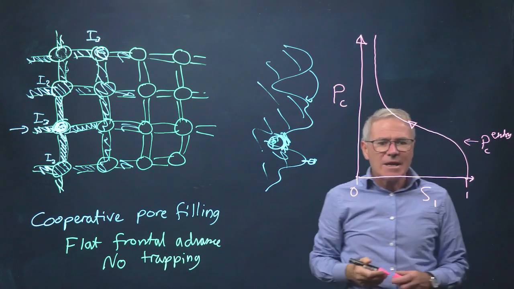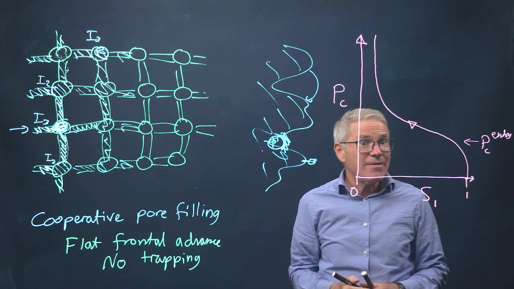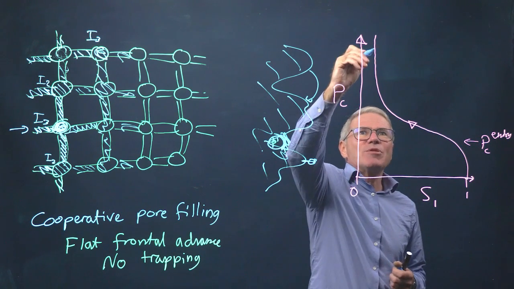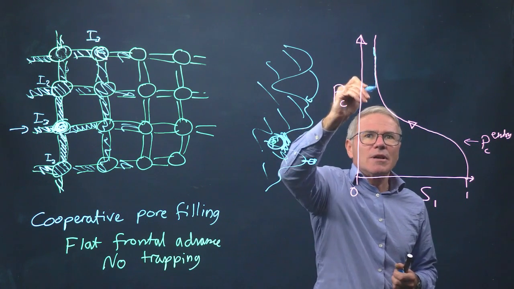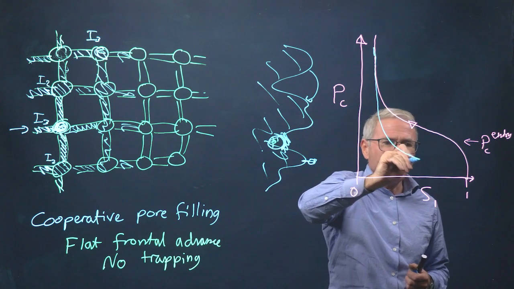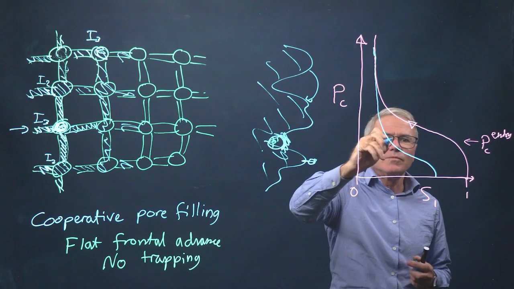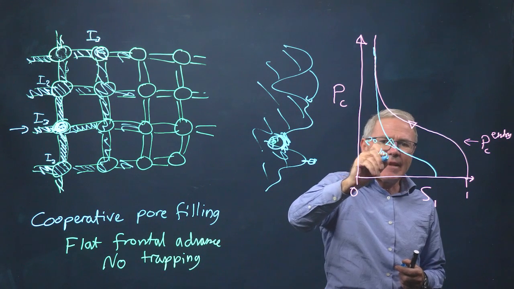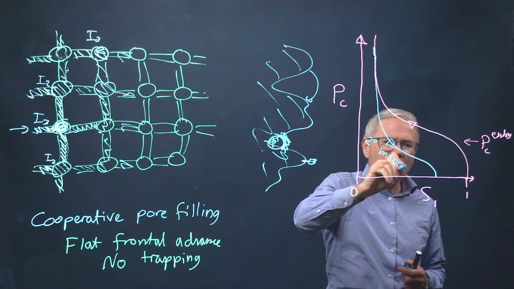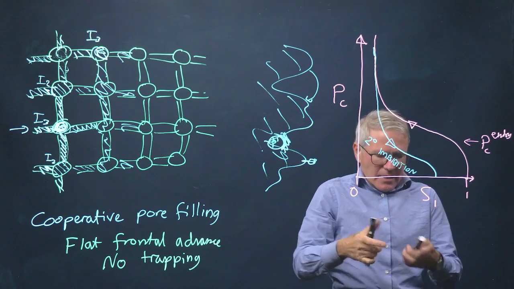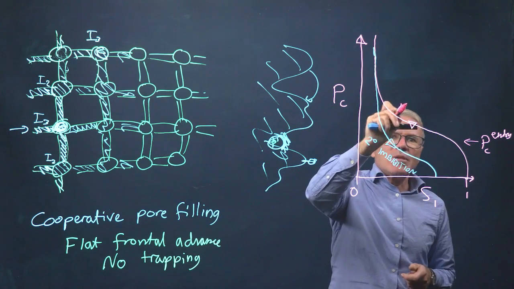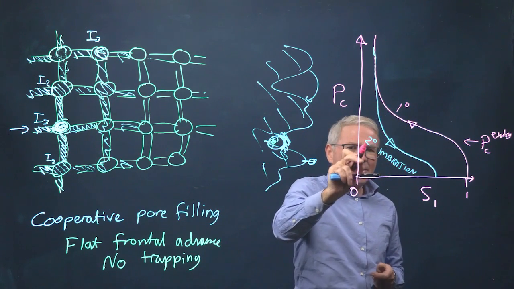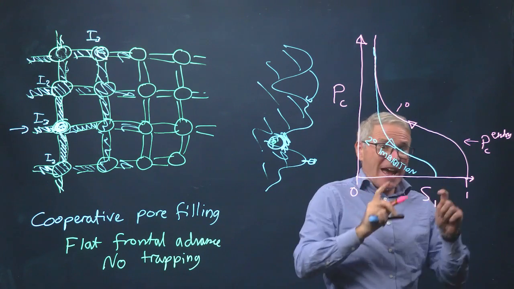Okay. Now we have an imbibition process, and I'm going to draw the function first. So this is secondary imbibition, and this one is primary. By the way, the number with the little o means array, right?